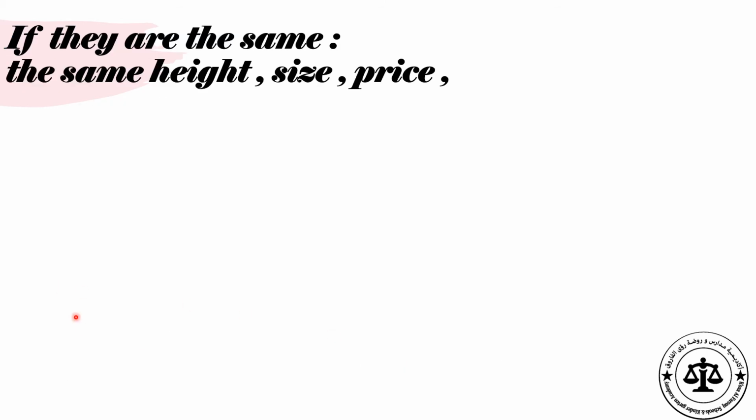Now the second way in comparative. This is as. We use as plus adjective plus as to make comparisons when the things we are comparing are equal in some way. What do we mean by it? I mean the same height, the same size, the same price. We use as.